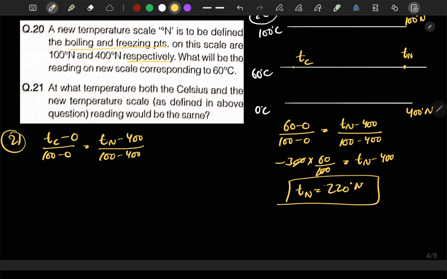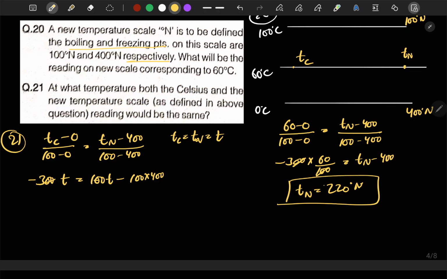If both temperature scales are equal, let's say Tc is equal to Tn is equal to T. Okay, so we can say 300 T is equal to 100 times of (T minus 400).